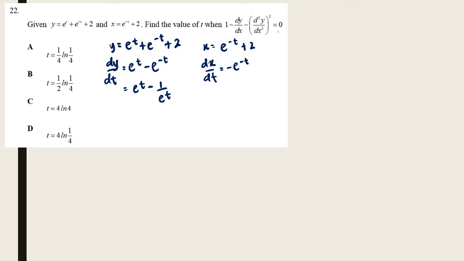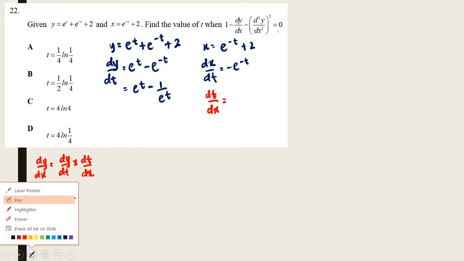Now, in the equation that we need to prove here, we need to find dy/dx and also the second derivative. So first let us find our first derivative. dy/dx is given by dy/dt times dt/dx. So we need to get dt/dx. Over here we have dx/dt, so dt/dx is basically the inverse of this.